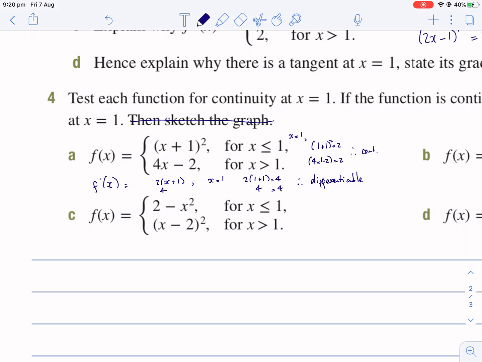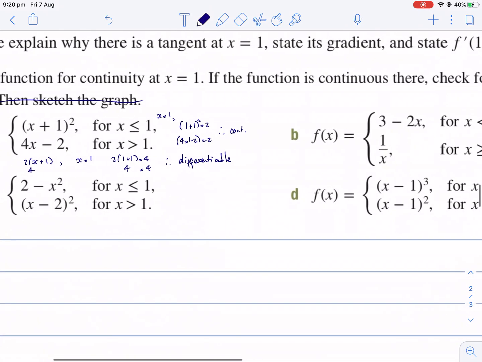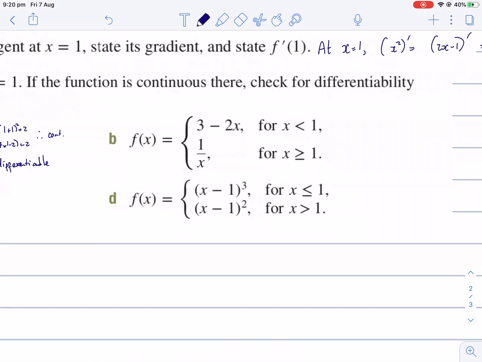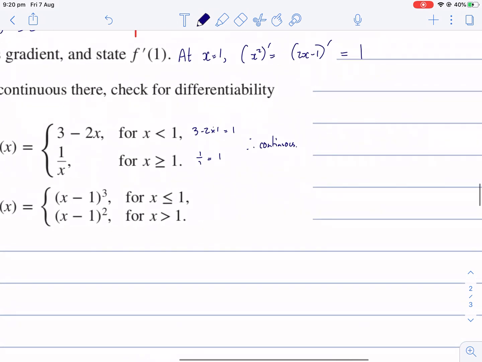So the actual functions themselves came out the same at x equals 1. Their derivatives came out the same at x equals 1, so it's continuous and differentiable. 3 take 2 times 1 is 1. 1 over 1 equals 1, therefore continuous. Now let's do the derivatives. 3 take 2x is going to end up as negative 2. 1 over x becomes negative 1 over x squared.